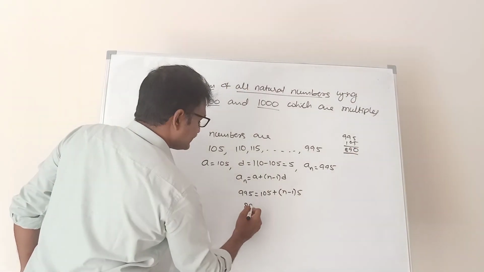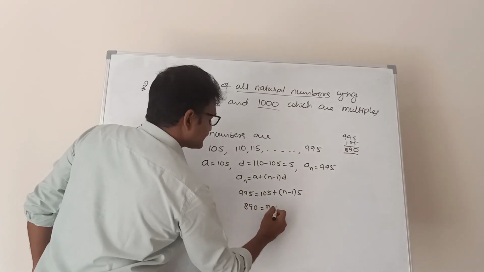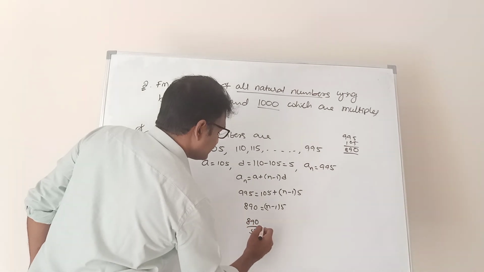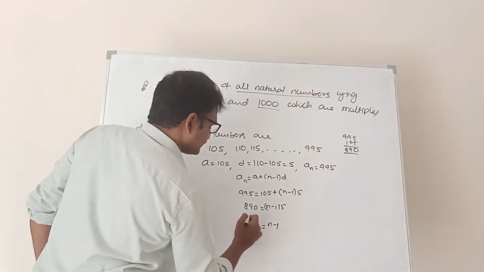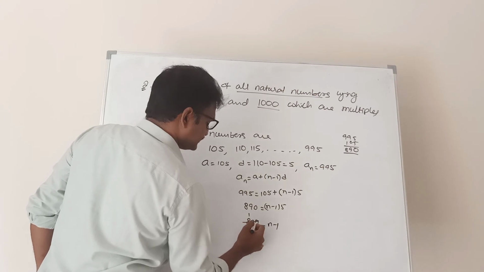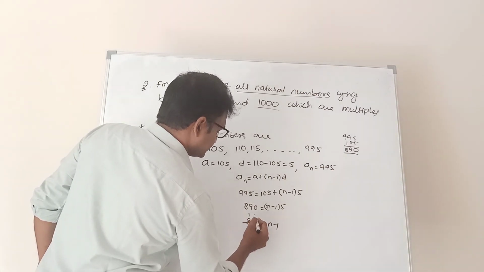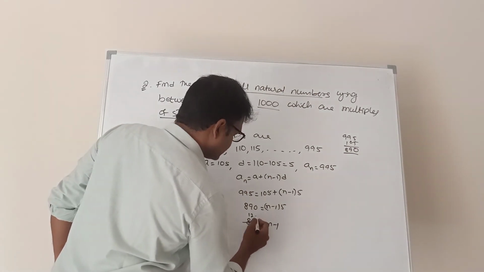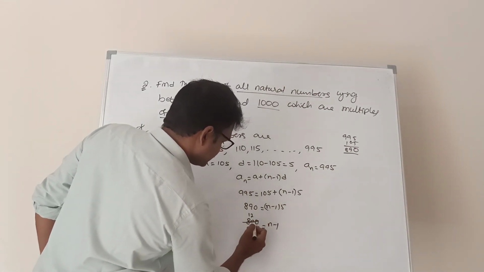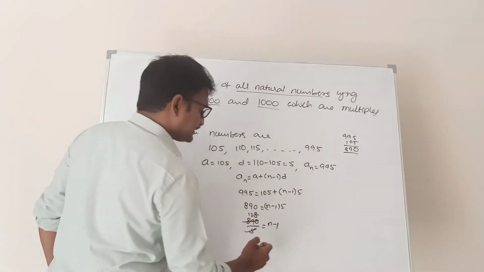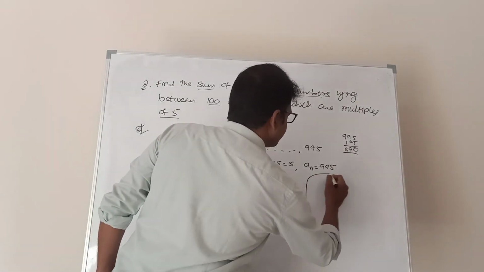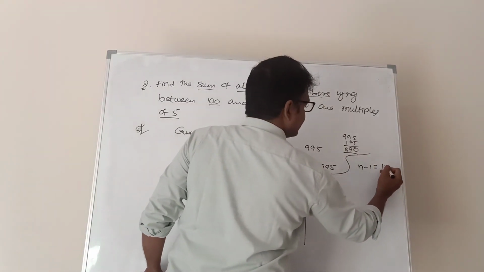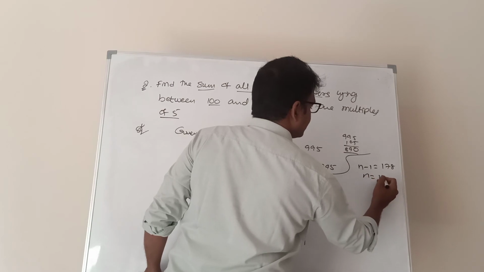So 890 is equal to n minus 1 into 5. So 890 by 5 is equal to n minus 1. So n minus 1 is equal to 178, and n is equal to 179.